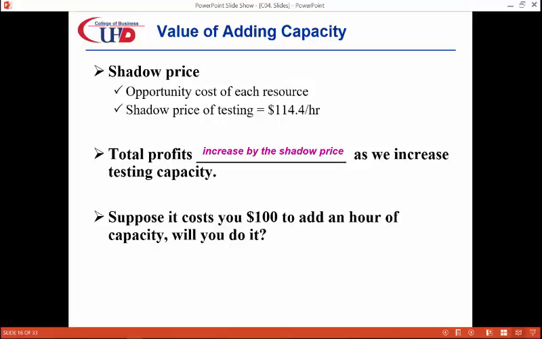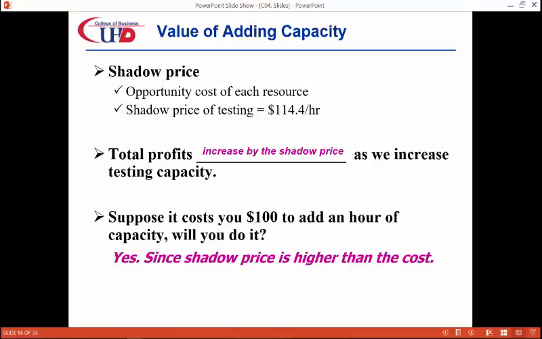Should you do the capacity expansion or not? The answer is yes, since you will benefit due to a higher shadow price. Actually, you will benefit by $14.40, which is the shadow price minus your expanding capacity cost, $100.